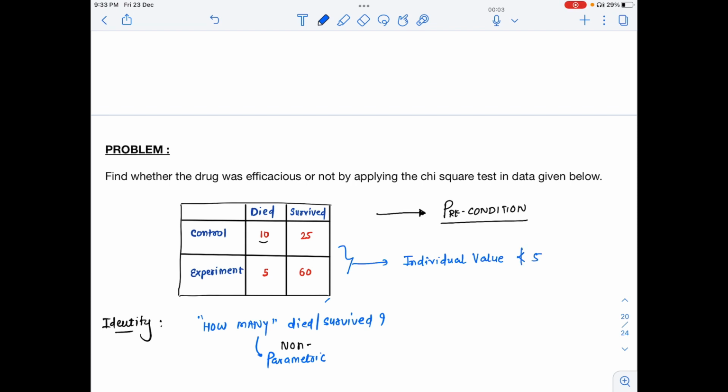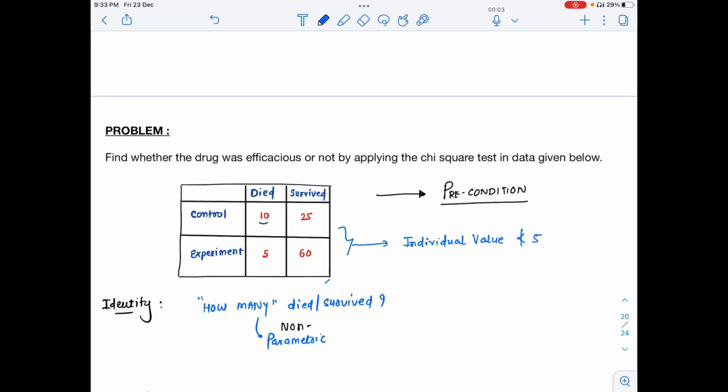They can be 5, but if they are less than 5, then you will have to use a different kind of non-parametric test. The chi-square test is inapplicable in those cases. Most of the time you will only get situations where the individual values are more than 5.